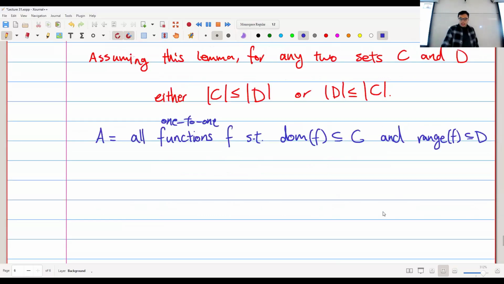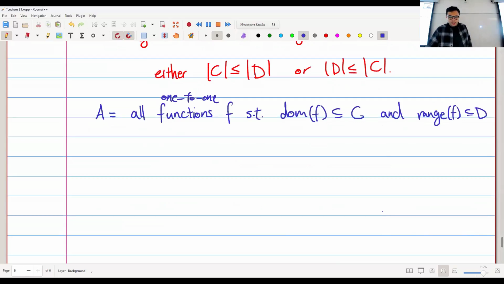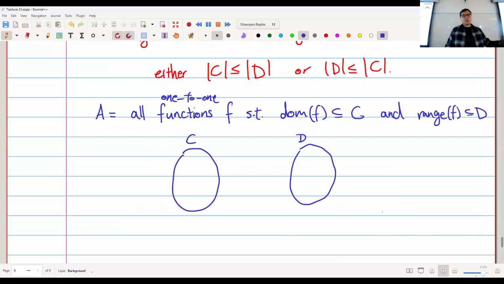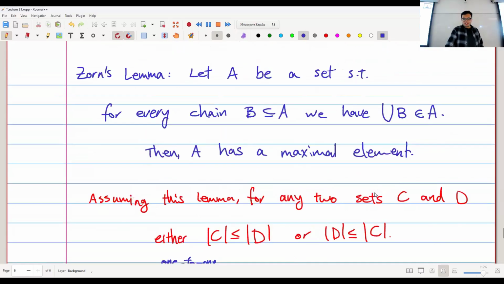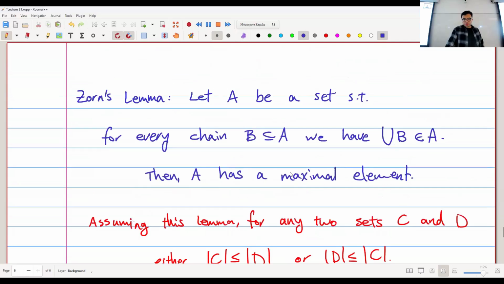So what do I have here? Again, I have two sets C and D. I have this set C here. I have this set D here. I want to say that either I have a one-to-one function from left to right or from right to left. I say, look at all the one-to-one functions that map some subset of C to some subset of D. Okay. Now, what does it mean for two functions? So if my A is the set of functions, what does it mean if I have a chain of functions?